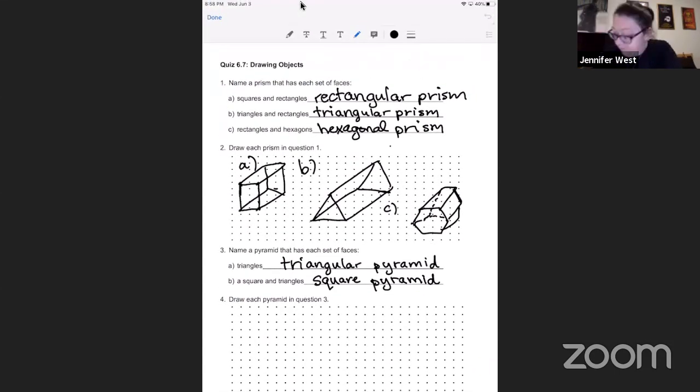So the first is a triangular pyramid, so I just draw a triangle. And the next one is a square pyramid. So I would draw a square base.